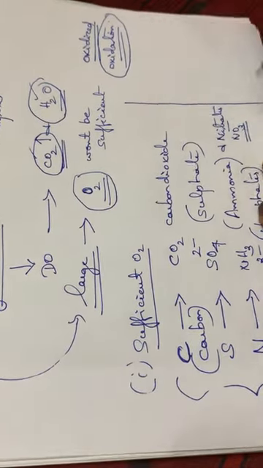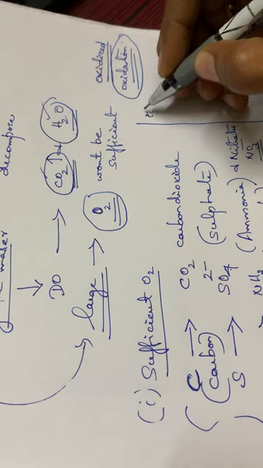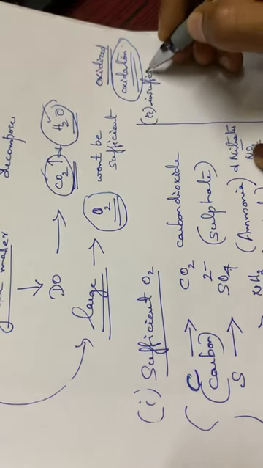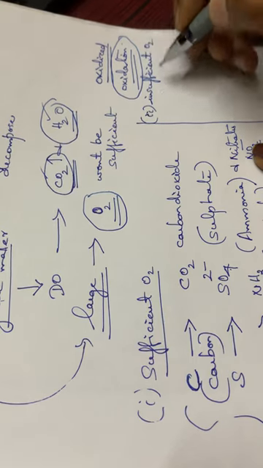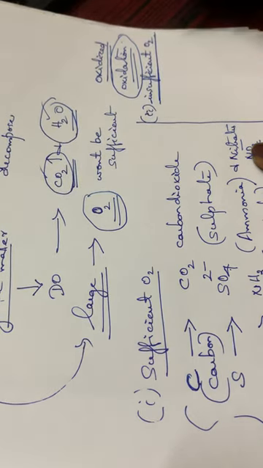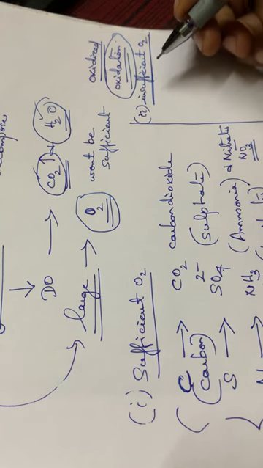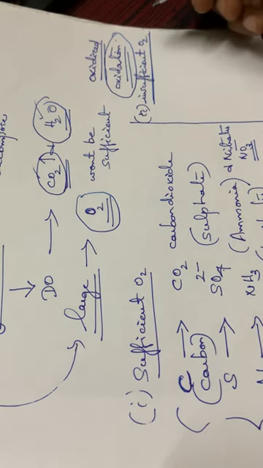Then in the second case, the dissolved oxygen content is not sufficient for the organic matter to decompose, because so much organic waste, sewage or oxygen demanding waste is dumped into the water bodies.